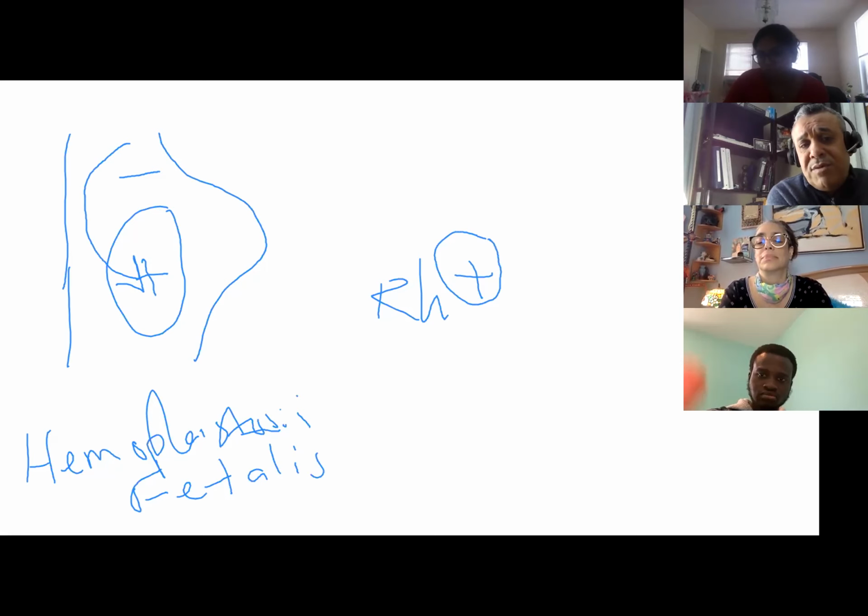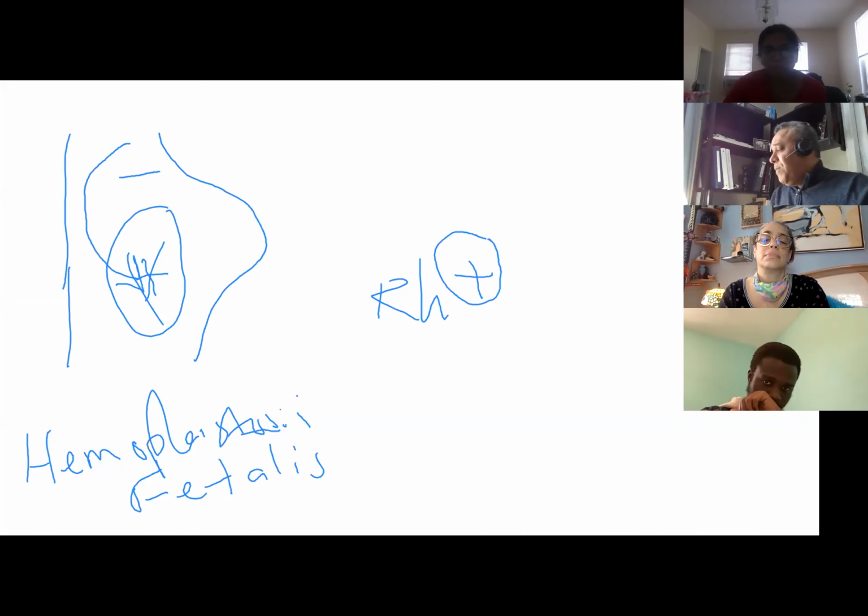So the mother's immune system is going to attack the baby's, and that will result sometimes in a stillbirth, where the baby will die during pregnancy, in the first or second trimester, or sometimes the baby will be born with severe anemia called hemoplastosis fetalis.